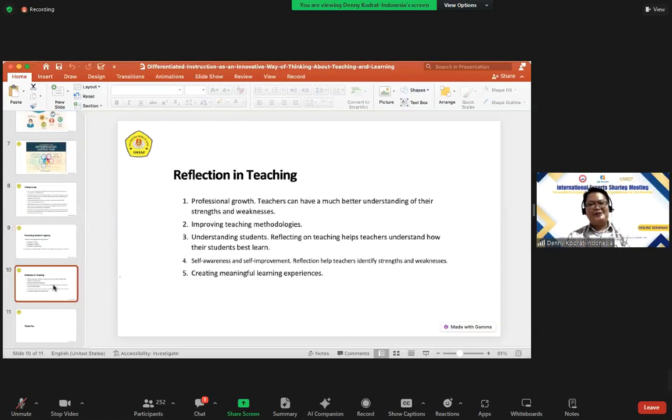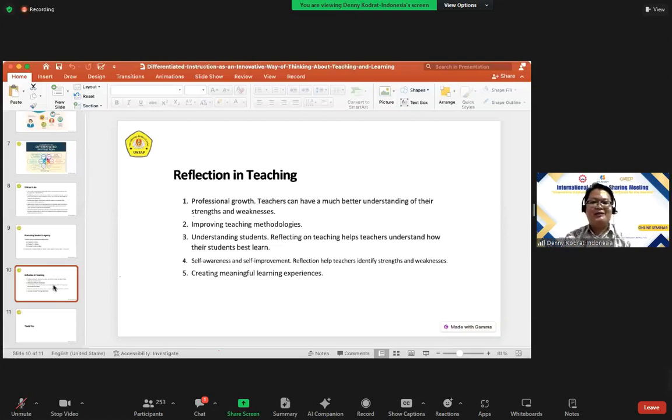This part should also be embedded in differentiated instruction. We call it reflection in teaching. In reflection on teaching, when the teachers reflect after they teach, they can have a better understanding of their strengths and weaknesses.